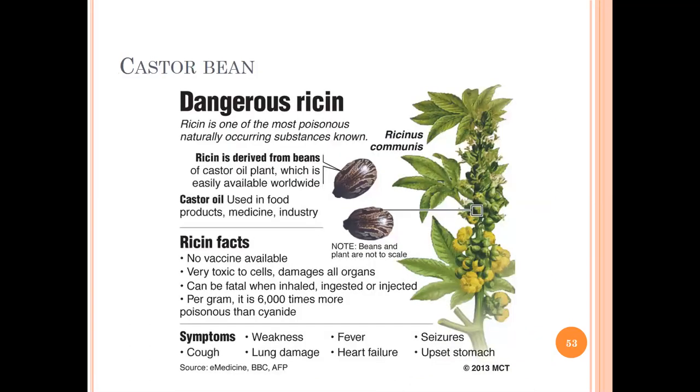And ricin, contained in castor beans. It's a dangerous, harmful toxin that affects the stomach, heart, nervous system.